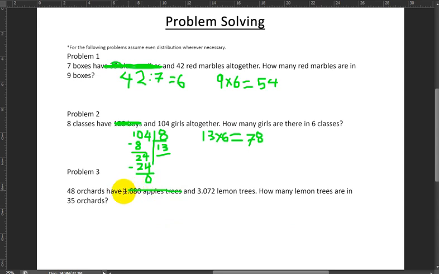I might as well erase it. So I have 3,072 lemon trees and 48 orchards. Now, first I need to find how many lemon trees are in one orchard? So I'm going to do 3072 divided by 48.